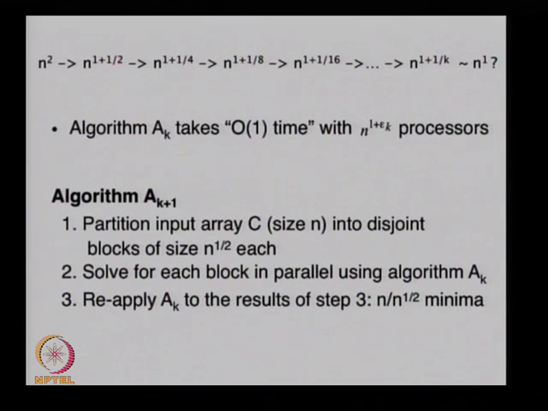So the series is n raised to 1 plus 1 over 2 to the I after I levels. And I says how many steps. Right? So if the work is n raised to the power 1 plus 1 over 2 to the I, then you have taken I steps. And we would like n raised to 1 plus 1 over 2 to the I to be around 1, right, at the leaf level. So what is I?